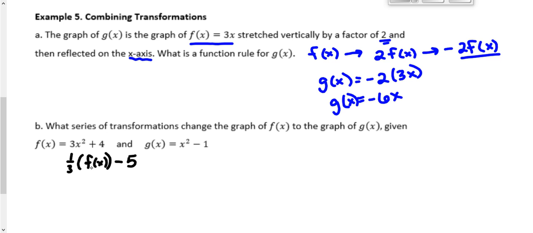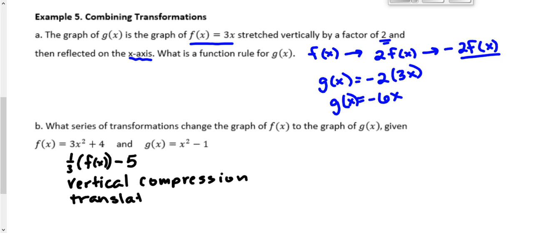So what series of transformations did it undergo? Well, it's a vertical compression because of the 1/3. And then it's a translation five units down.